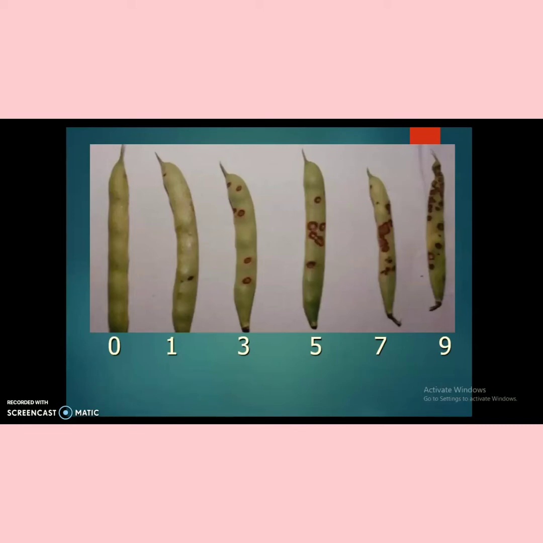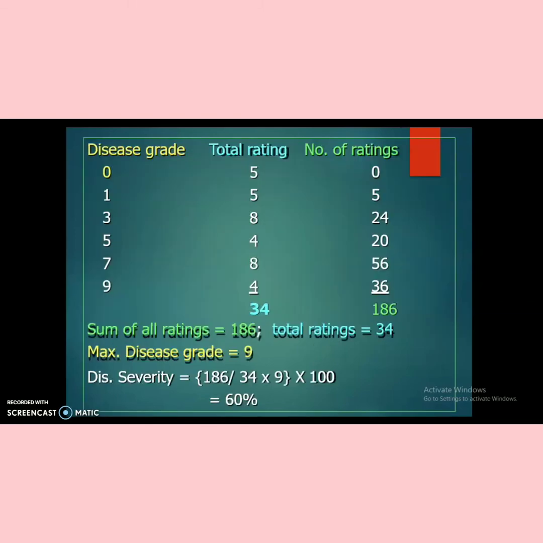On the third grade, the infection on the pod is less than 1%. On the fifth grade, the percent infection is between 1 to 10%. On the 7th grade, the infection on the pod is 11 to 25%. On the 9th grade, the infection is more than 25%. So based on the percentage infection, the grades are allotted to these pods.